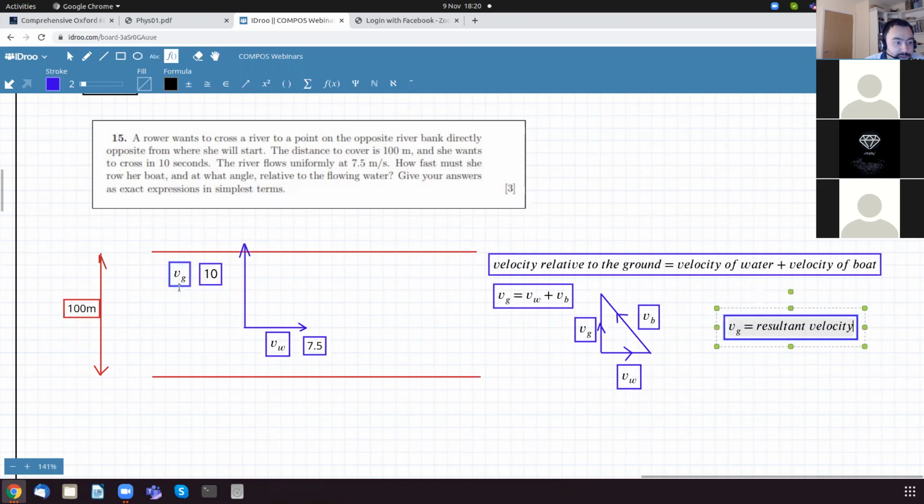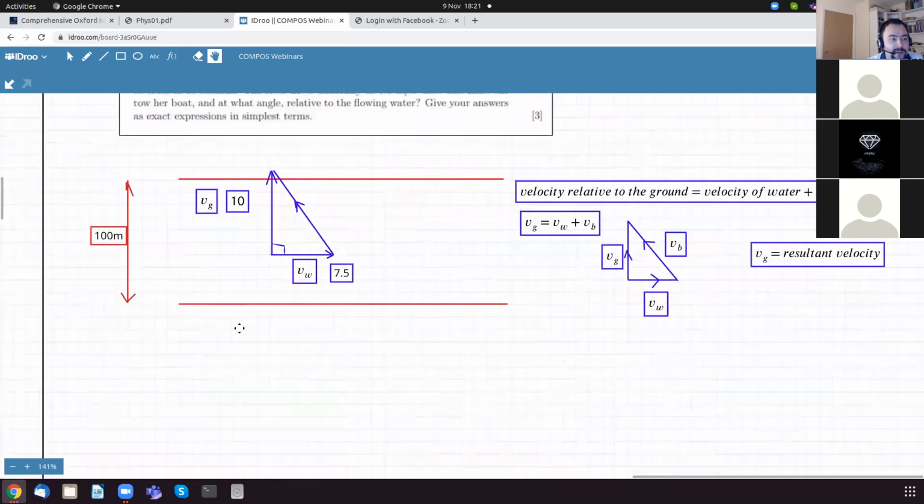And we know that the resultant velocity is 10, so we just need to find the velocity of the boat. Okay, and here we use Pythagoras theorem, very straightforward. So, technically, physics ends here. This is where you just start doing maths, because once you've drawn the diagram and understood what's going on here, and once you've written that, everything else is just calculating the values.